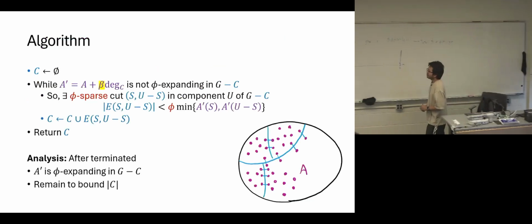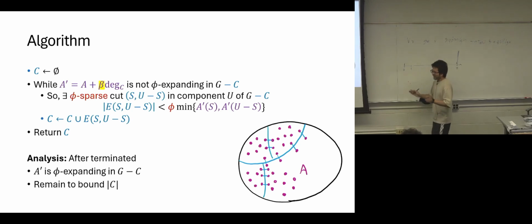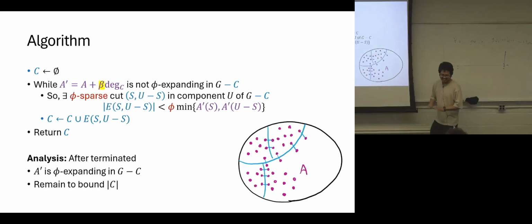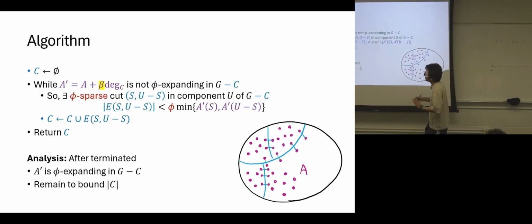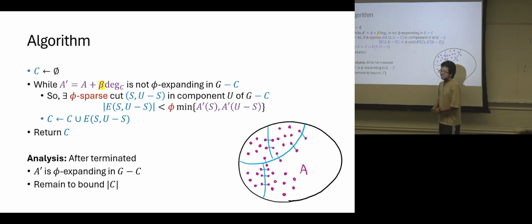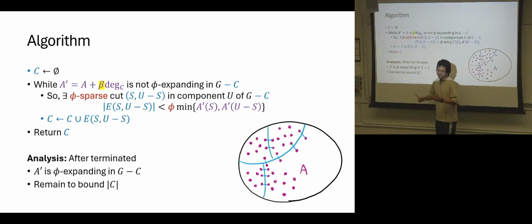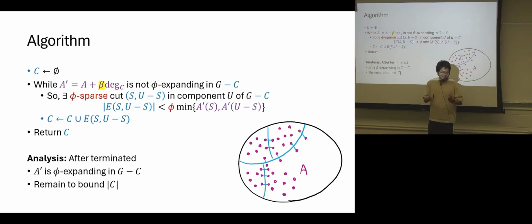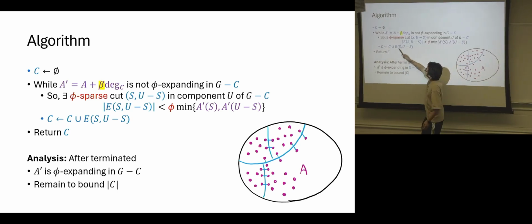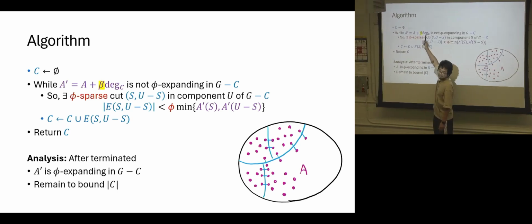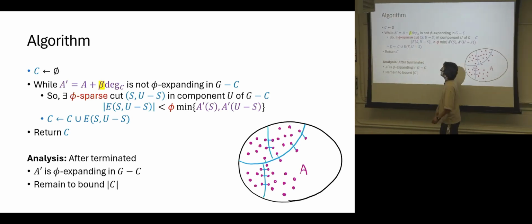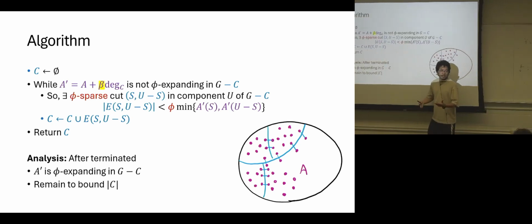So the algorithm, when we don't care much about running time, is just this. It's always the same, very simple. We used to want that A is expanding. Now we just say that we care about A plus beta. So let's say A prime is A plus beta. Just check whether A prime is expanding or not.